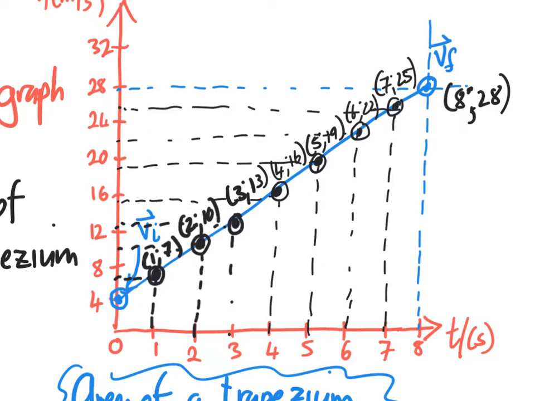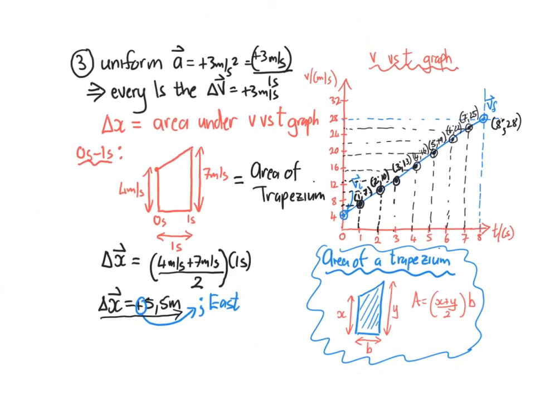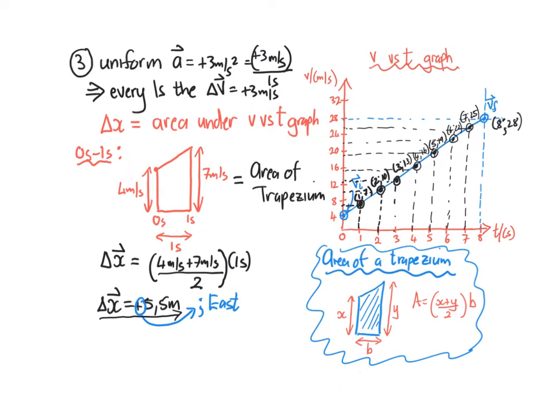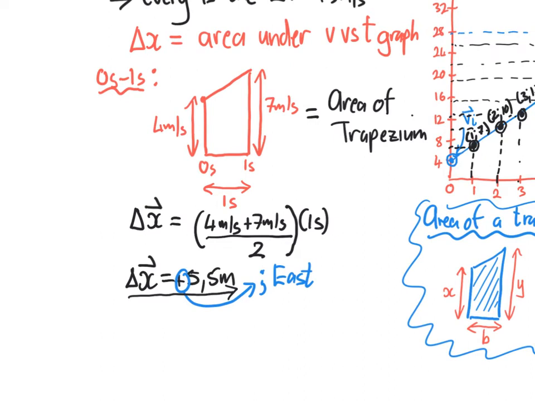Once you have done that, then one can start to work out the individual areas. So starting off with the area under the graph for the first second, between 0 seconds and 1 second, we find that we are confronted with an area of a trapezium rather than the area of a triangle, as in the example that was shown in the first video.